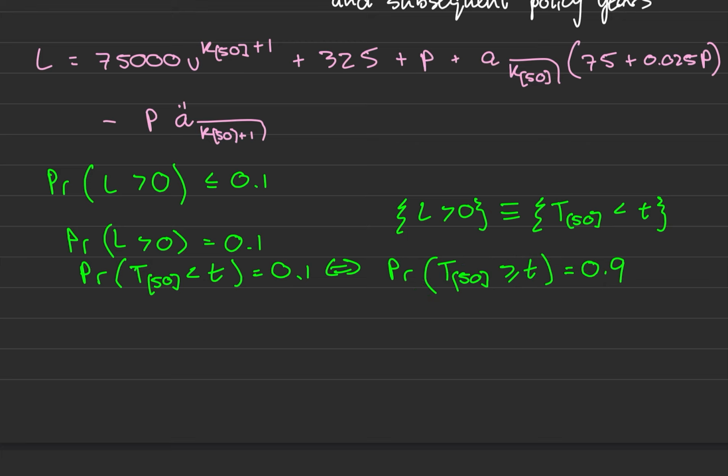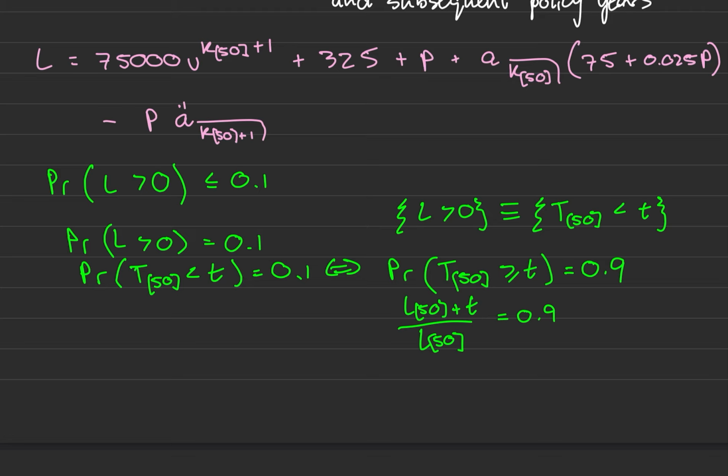Okay, so how do I represent this in terms of things that I can find on the life table? Well, this equals L50 plus T over L50, and that should be then equal to 0.9.